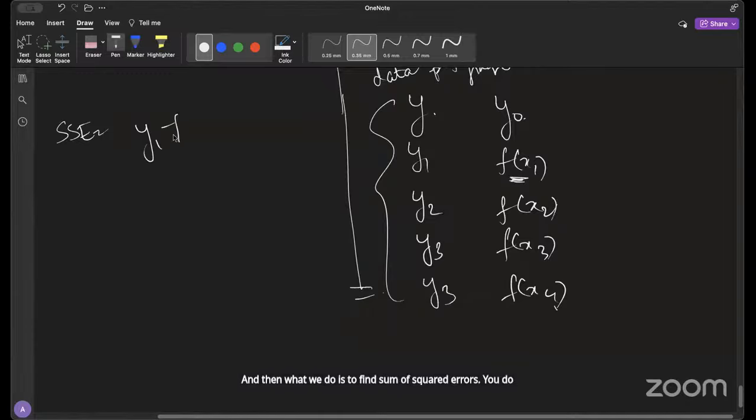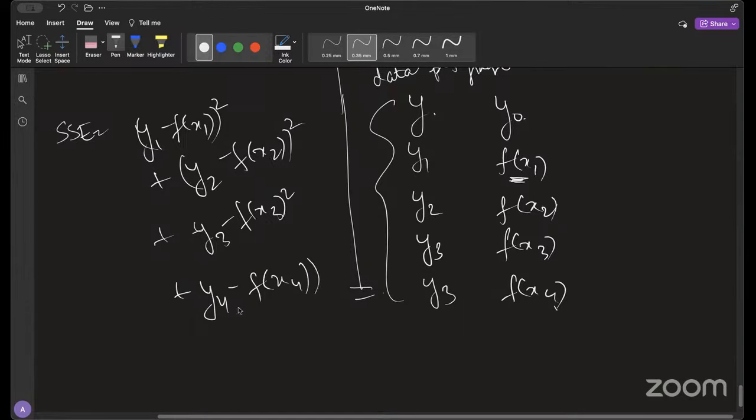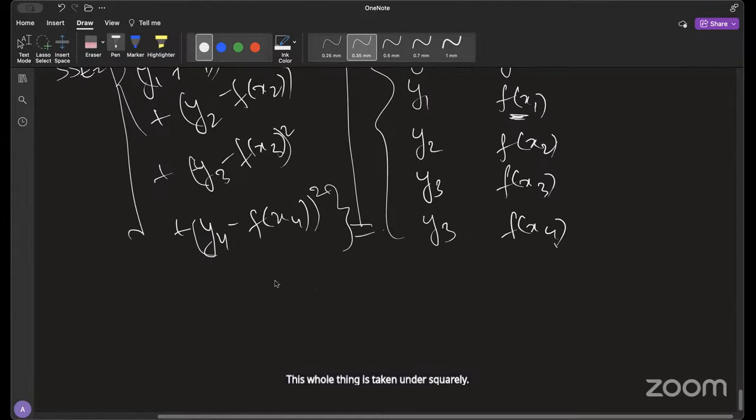You do (y1 minus f(x1)) squared plus (y2 minus f(x2)) squared, and so on, and then you put this entire thing under square root. This whole thing is taken under square root. In simple words, you can just write it as the sum of (yi minus f(xi)) squared.